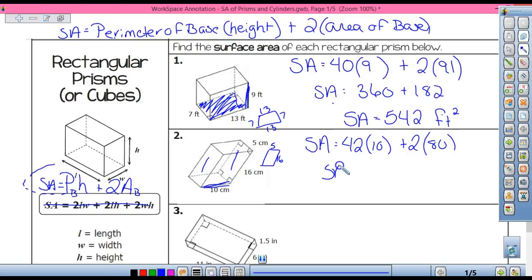So my surface area is 420 plus 160. So surface area equals, what is it? 580 centimeters squared.